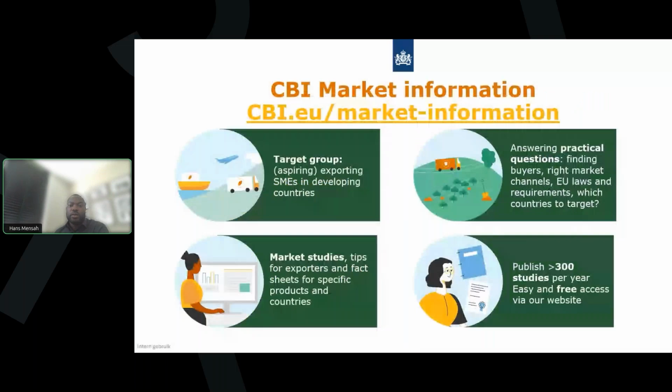So we have two main missions, and the first one is we provide training and coaching led by market experts and export coaches on the ground. So as I mentioned, in our projects, we focus on decent jobs. We pay attention to women and youth employment. And the second one is that we also provide market information with the market intelligence, which you can find on our website.